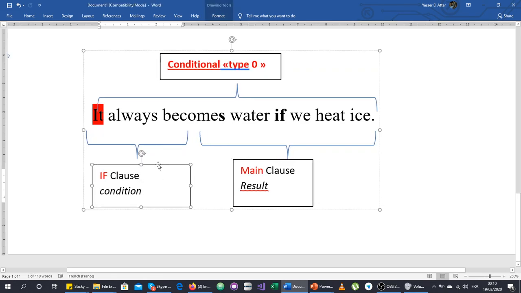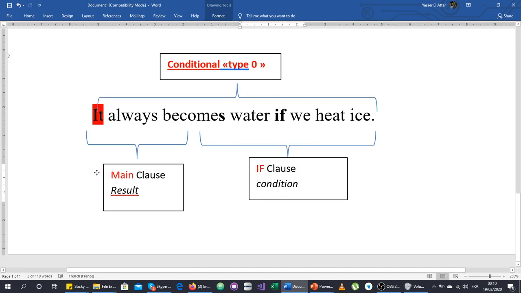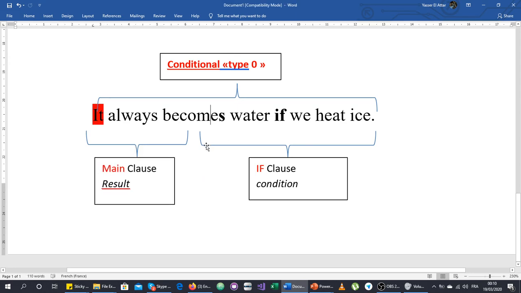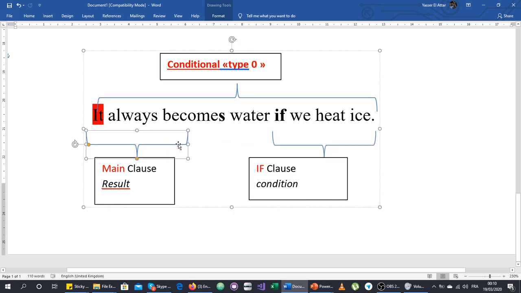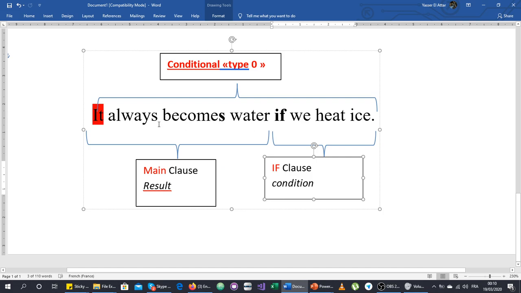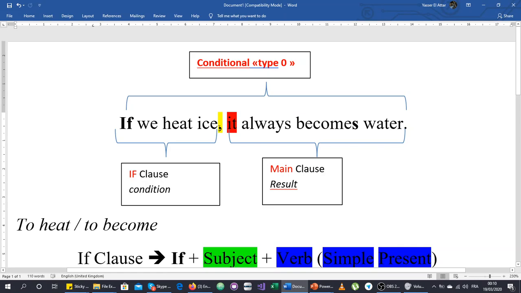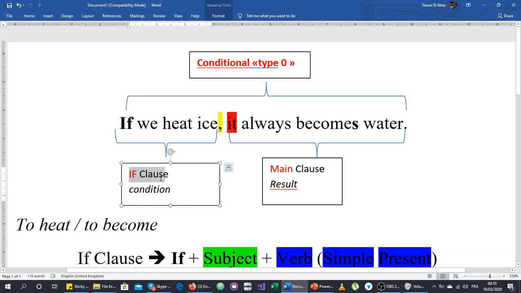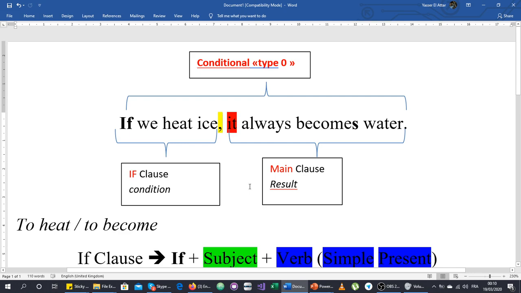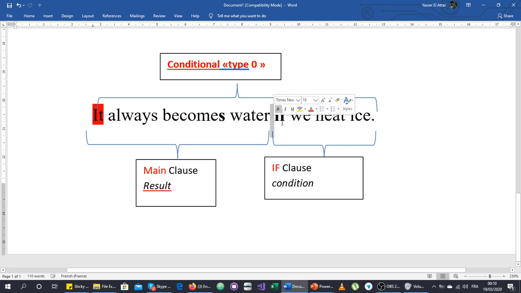What happened here is that the if clause comes to the end and the main clause in the beginning of the sentence. This is the if clause, this is the main clause. It is also correct. The only difference is that if we start with the if clause first, then we have to put a comma. If we start with the main clause first, we don't have to put any comma.